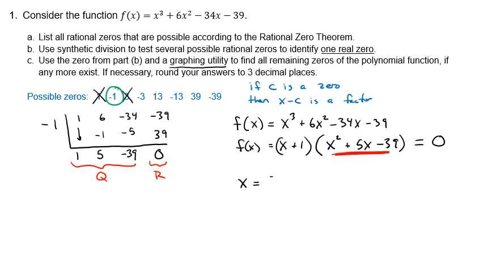So x equals negative b plus or minus the square root of b squared. So I'm using the 1 for A, the 5 for B, the negative 39 for C in the quadratic formula. A equals 1, B equals 5, C equals negative 39.